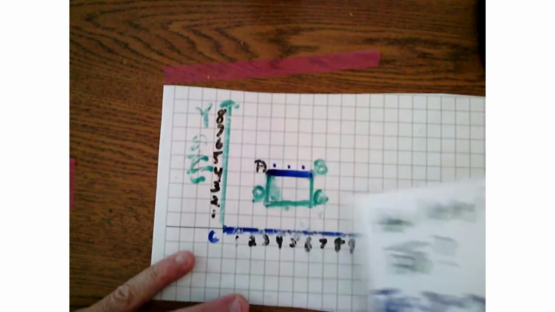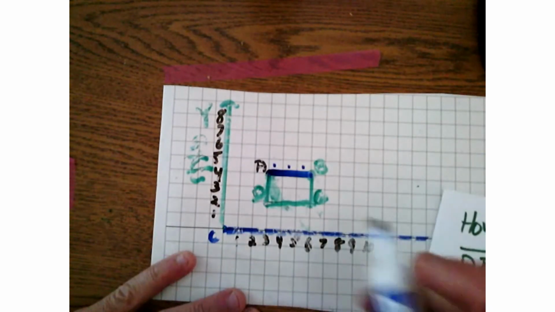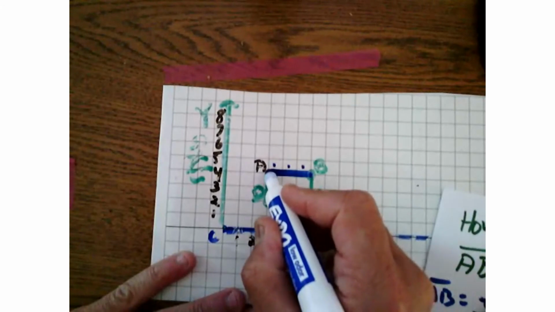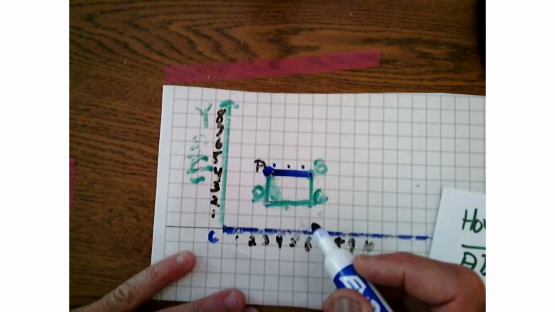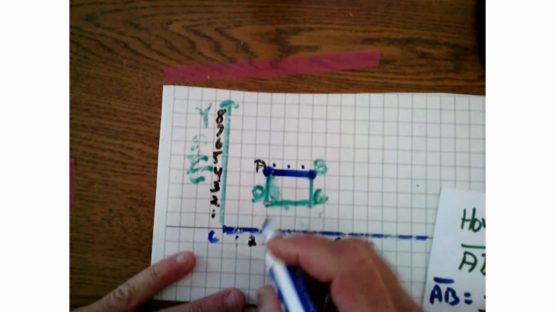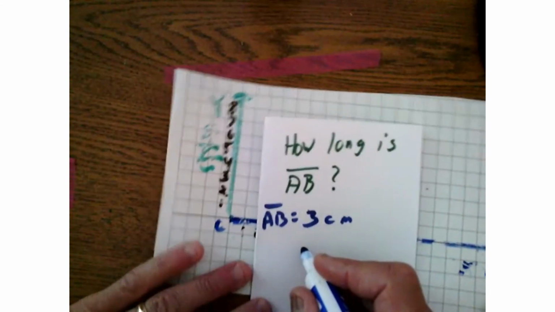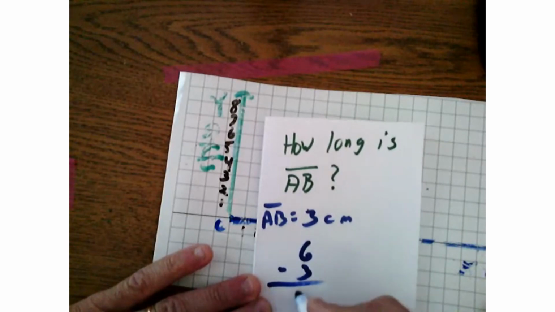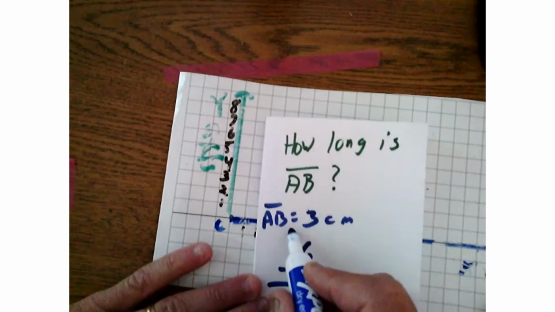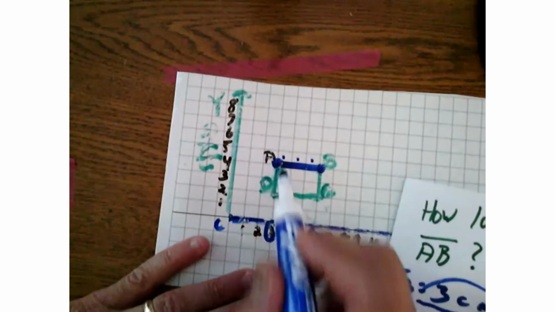Or I could use subtraction. It starts at 3 and goes to 6 right here. And I could say, well, 6 minus 3 is 3 centimeters.